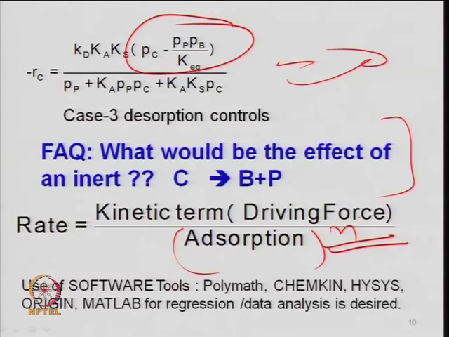In that case only one reactant is there. Suppose two reactants, suppose I write A S plus B S gives R S plus S S. So, two sites are involved now, and the rate will depend on the concentrations of A S and B S. So, this will go as a square term here.